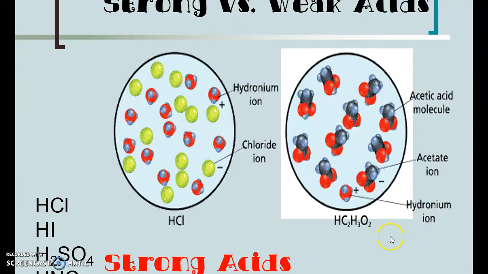On the other hand, if we look over here at acetic acid, we can see that acetic acid is a very weak acid. Notice how many of these acetic acid molecules are still fully intact. You can see out of this representation that only one out of those representing this portion of the solution dissociates into H3O plus and then the acetate ion.